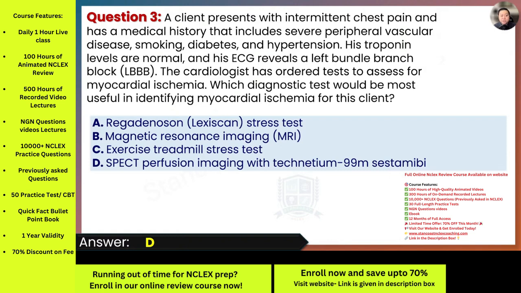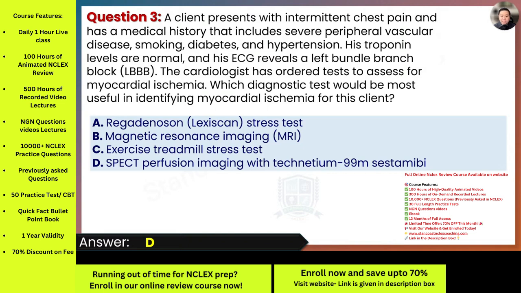Now, for you to answer this question correctly, I want you to consider both the test's accuracy and the patient's physical limitations. We know that the LBBB makes ECG-based tests very tricky, so an imaging-based approach is better. Also consider the peripheral vascular disease that the client has, which can limit exercise tolerance.